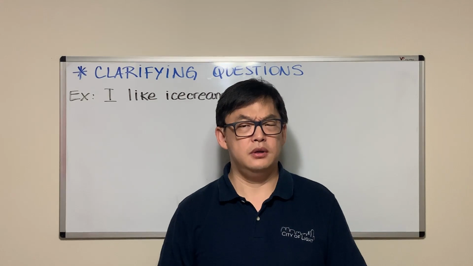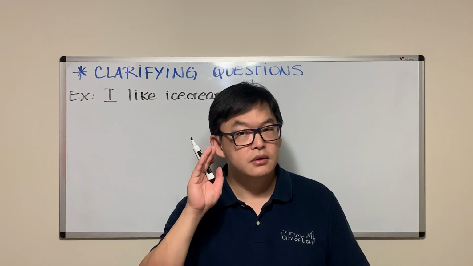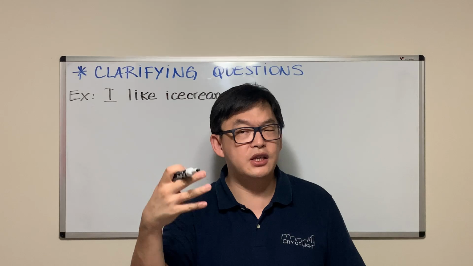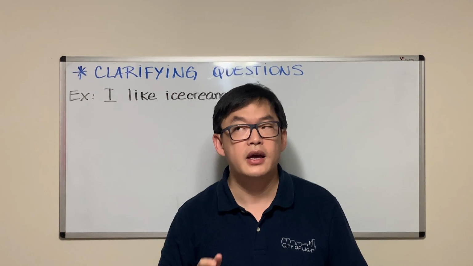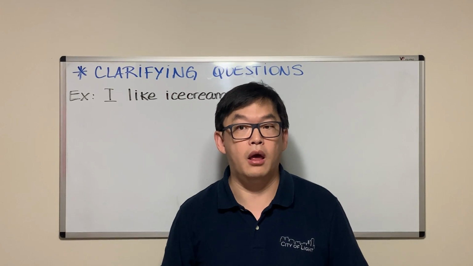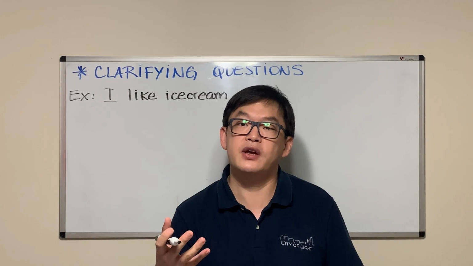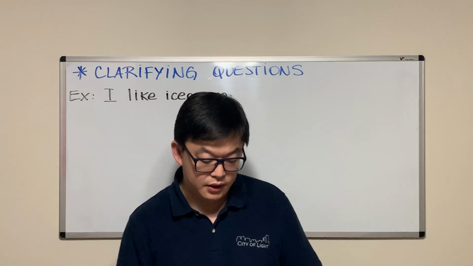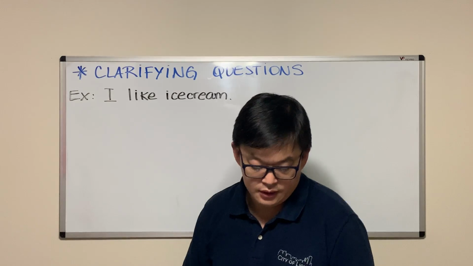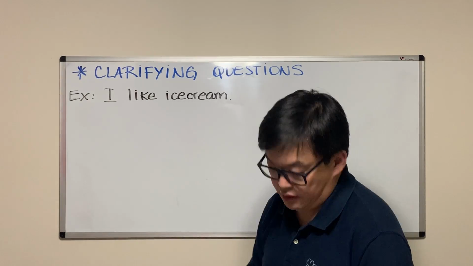And you need to ask for clarification because you didn't understand what I said. I like Marina, and you didn't understand. You need to ask for clarification. How do we do that? Look, so easy. You're going to thank me a lot.